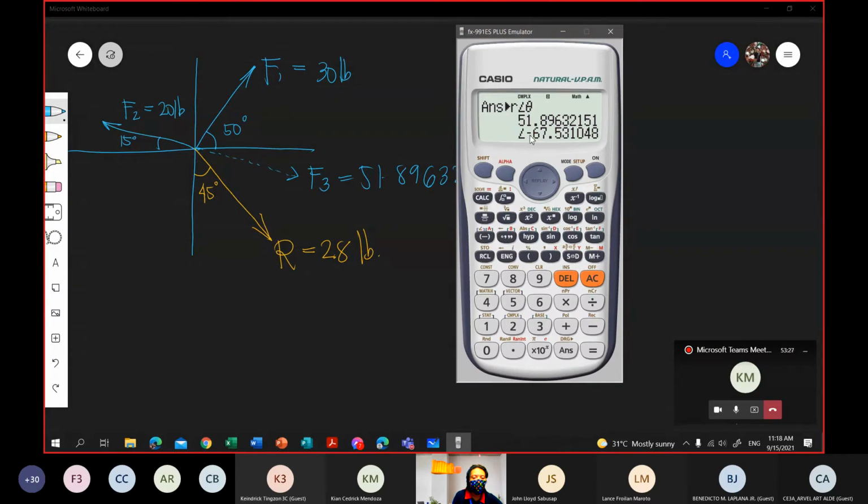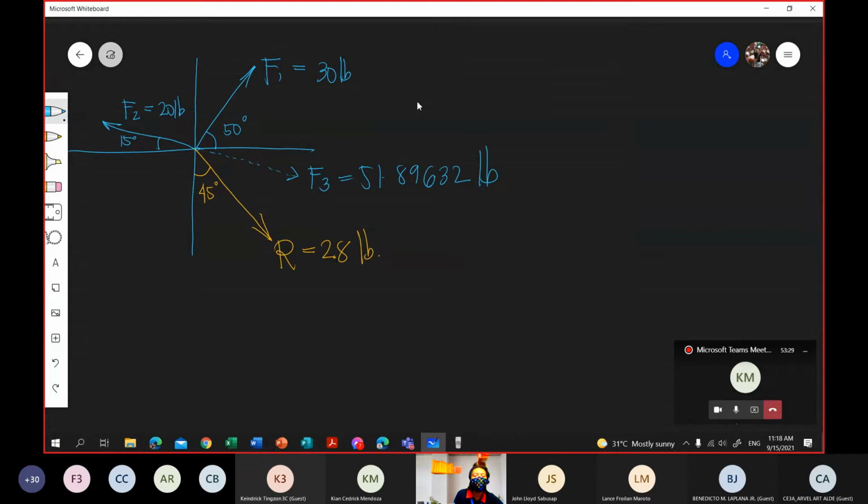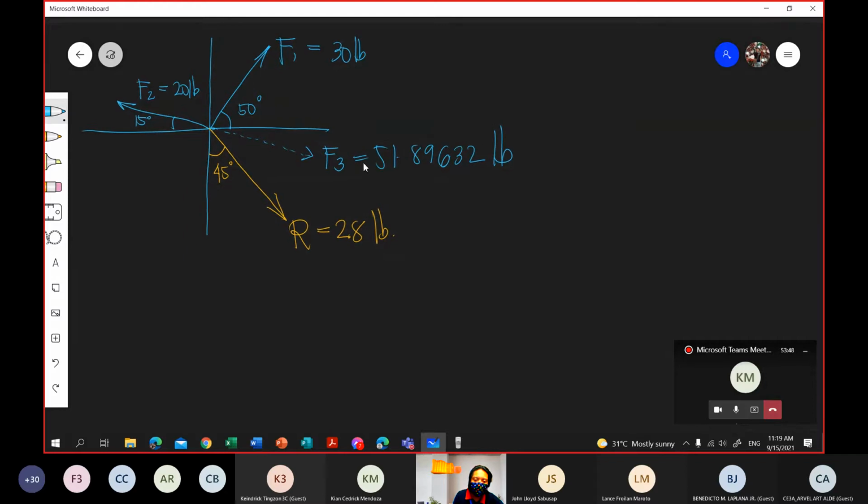Ibig sabihin, ang imo pag-measure, diri counterclockwise. Clockwise hiya because negative. Okay, take note, always starts from the positive x-axis. So, kung positive an angle, counterclockwise. Negative an angle, clockwise. So, acting at an angle negative 67.